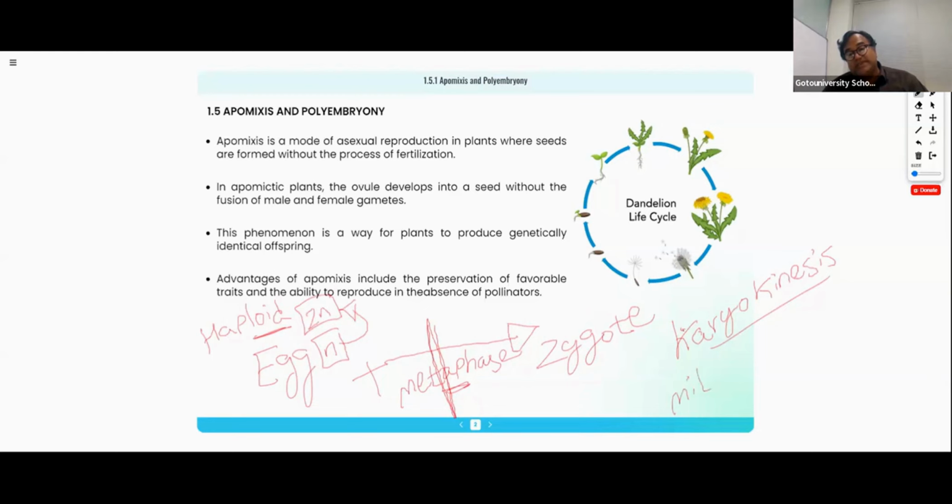So what do we mean by a diploid egg? The diploid egg has a complete set of parental chromosomes, unlike a haploid egg. The egg which participates in sexual reproduction is a haploid egg, whereas the egg which participates in this apomixis process is a diploid egg.